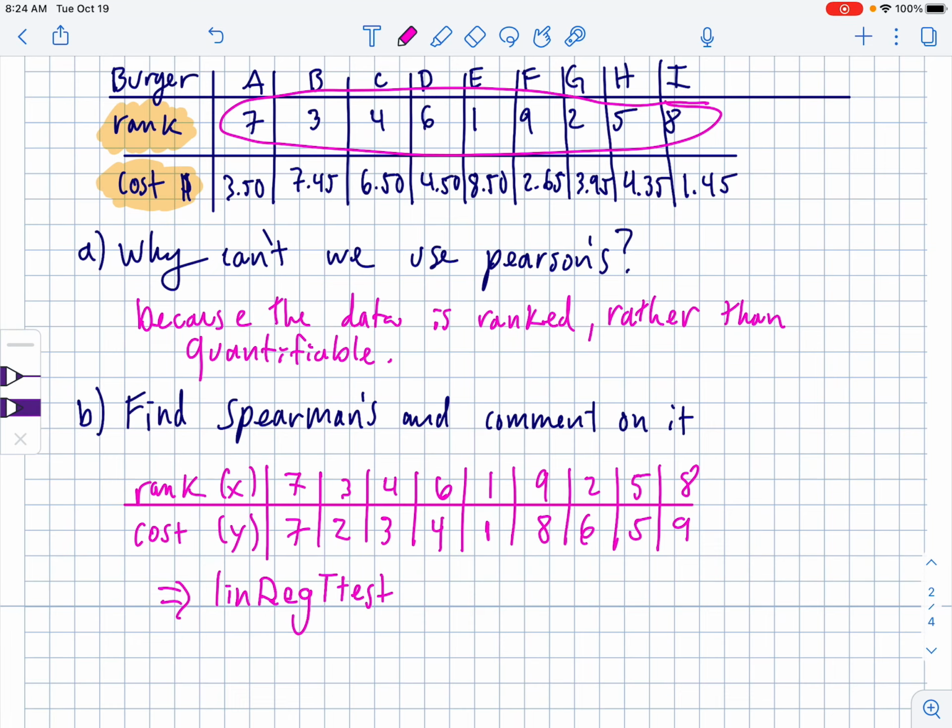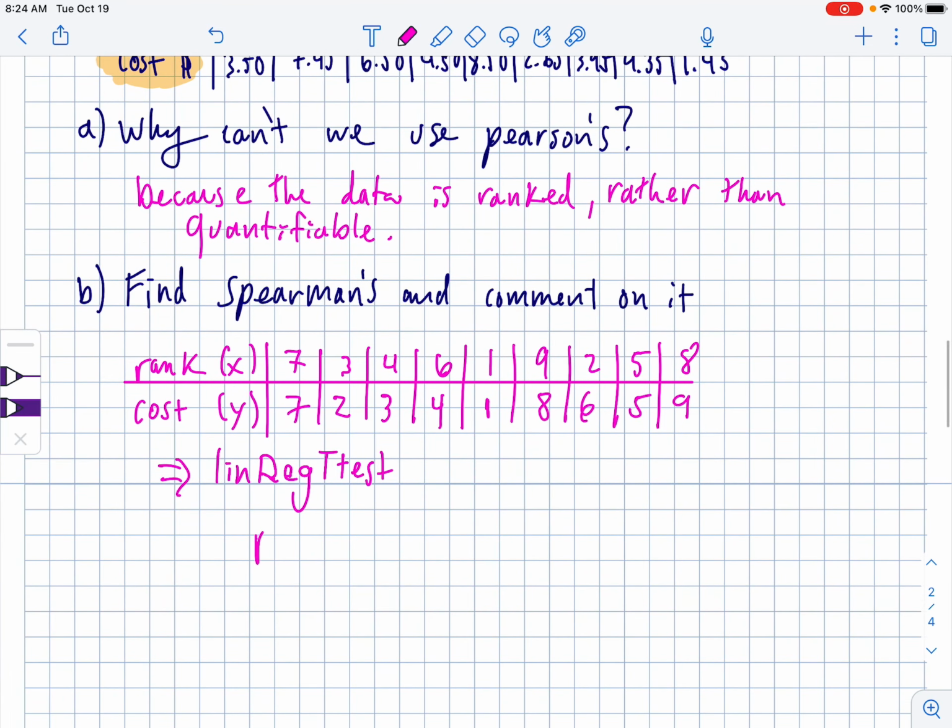So then you're going to punch this all in to L1 and L2 and run your linreg t-test. And when you do that, scroll down to find your R value is 0.8. I believe this follows the same, like there's all these words that describe the strength of the correlation.